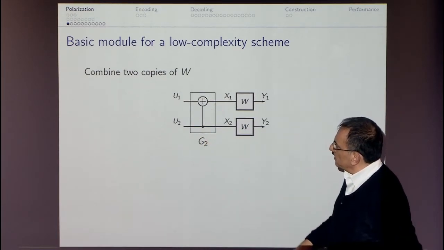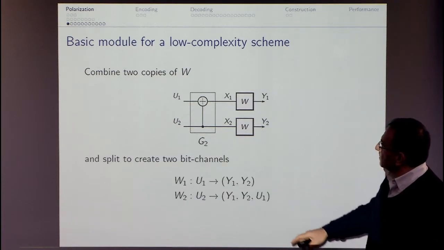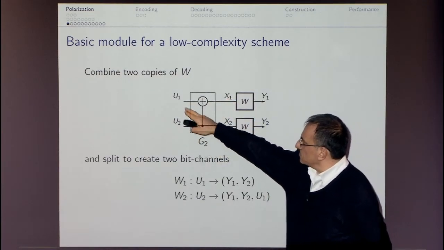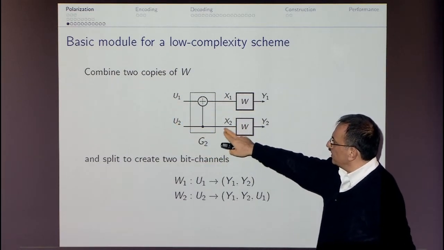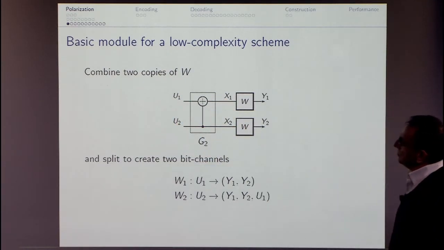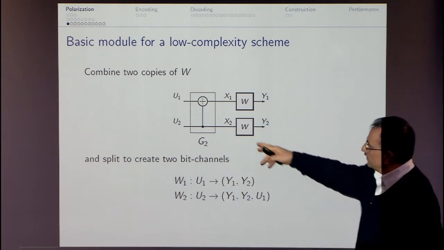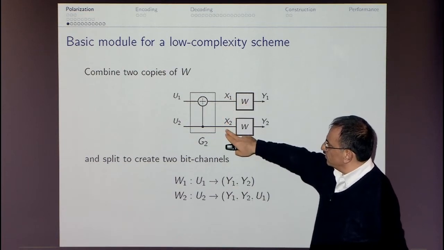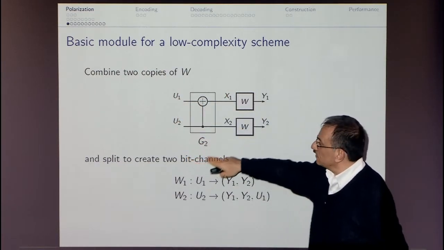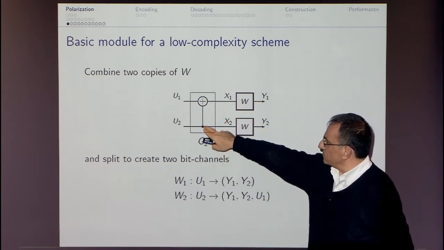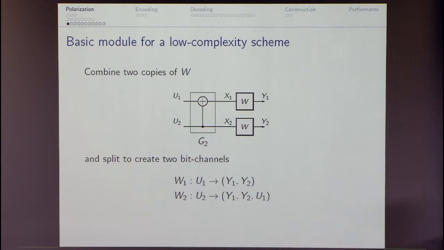Very simple transformation. x1 here is the modulo 2 sum of u1 and u2, and x2 is simply equal to u2. u1, u2 are the inputs. This one should be looked at as the code word. This is the source word, if you like, and this is the code word. And this is the encoding matrix, encoding operation.